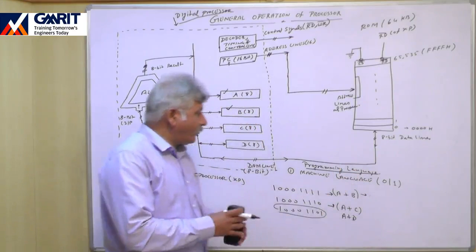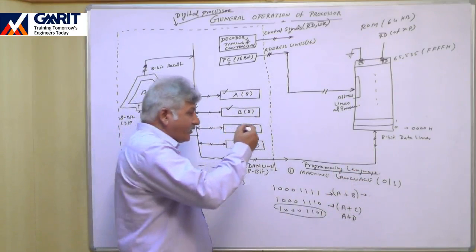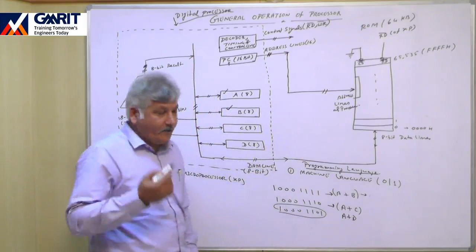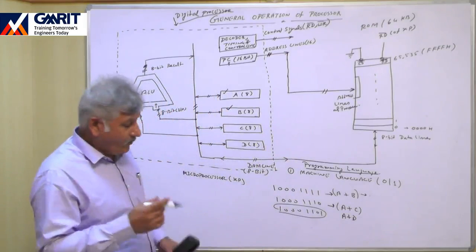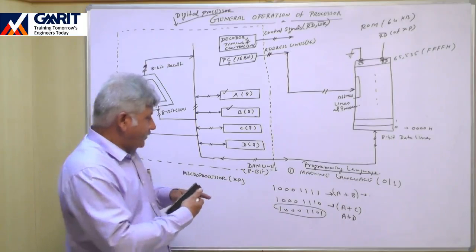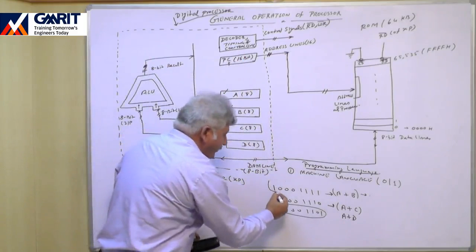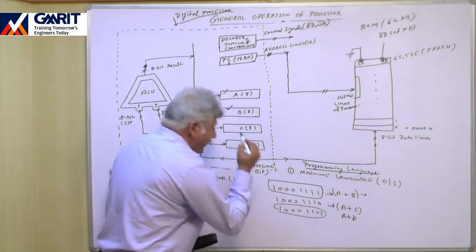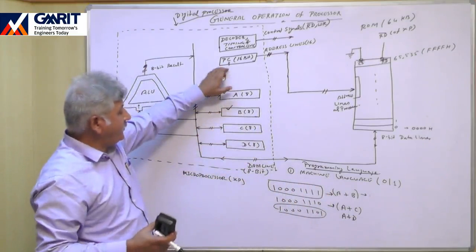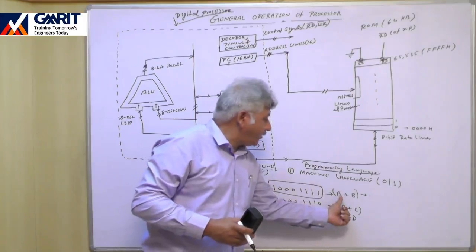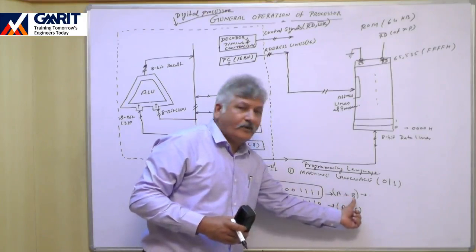So a machine language program is machine dependent. So what is the meaning of machine dependent? Machine dependent means for this particular machine, whenever this particular binary pattern enters the processor, then addition of register A and register B will take place.